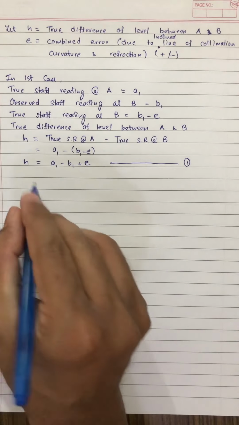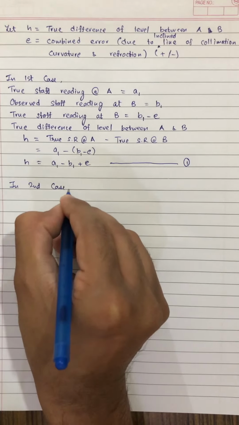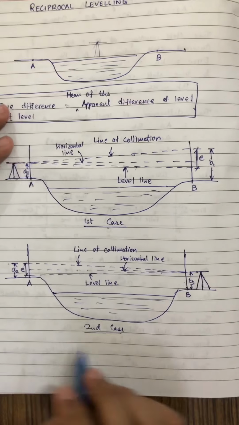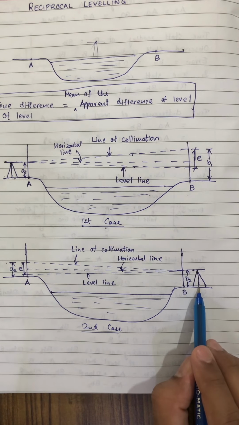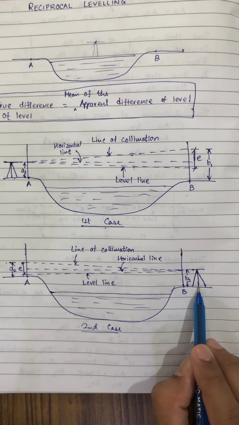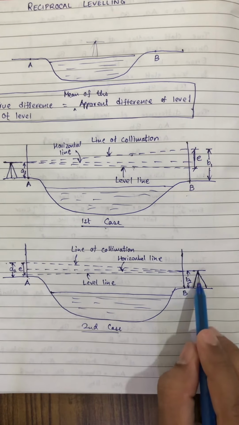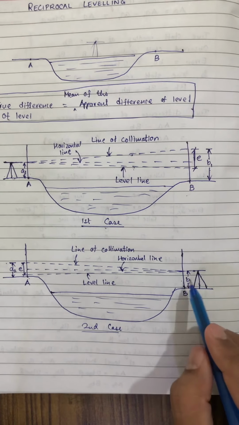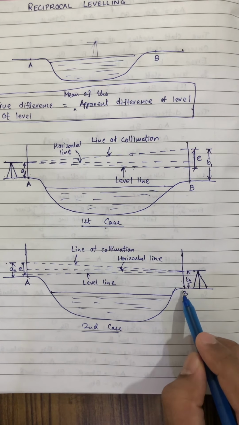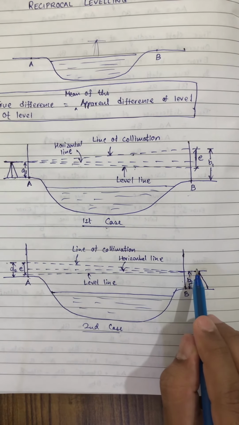Now, in the second case, the level was shifted near B and readings were taken on both staffs A and B. As this is near B, we can obtain the true staff reading at B, that is B2, because this will be exactly horizontal.